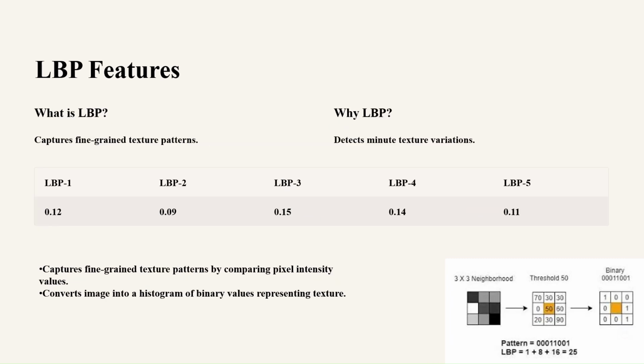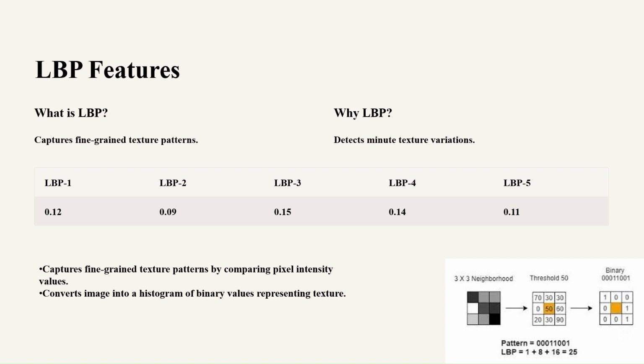And then we have LBP, that is the local binary pattern. Local binary pattern focuses on fine-grained texture patterns. It works by comparing each pixel with its surrounding pixels based on intensity, then converting these comparisons into binary values.